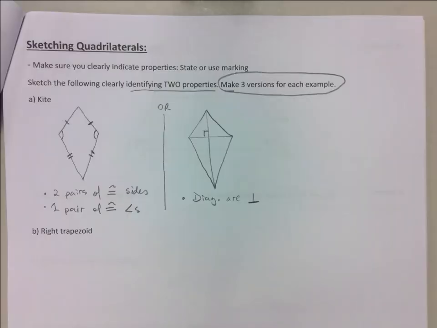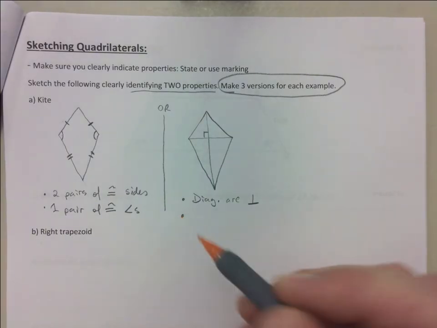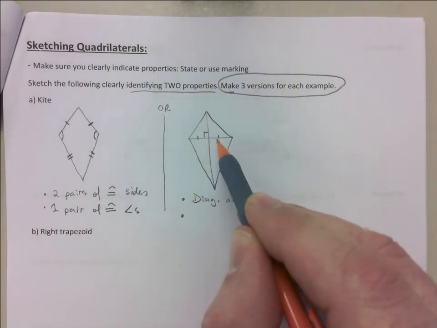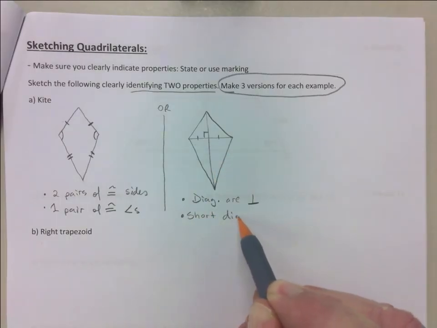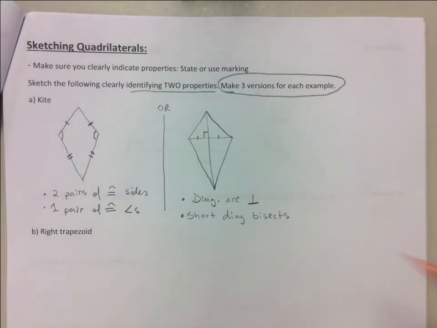You need to know notation for that, right? So if that bothers you, you just write diagonals meet at a 90-degree angle. That's fine. There's no problem with that. And another one is that the short one bisects. Okay, short diagonal bisects.